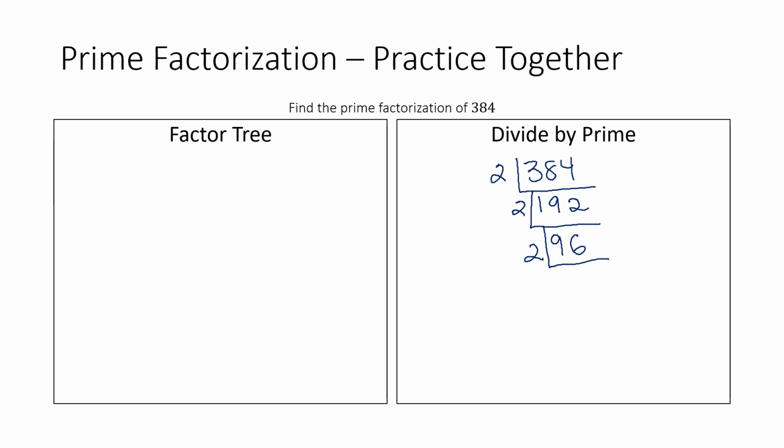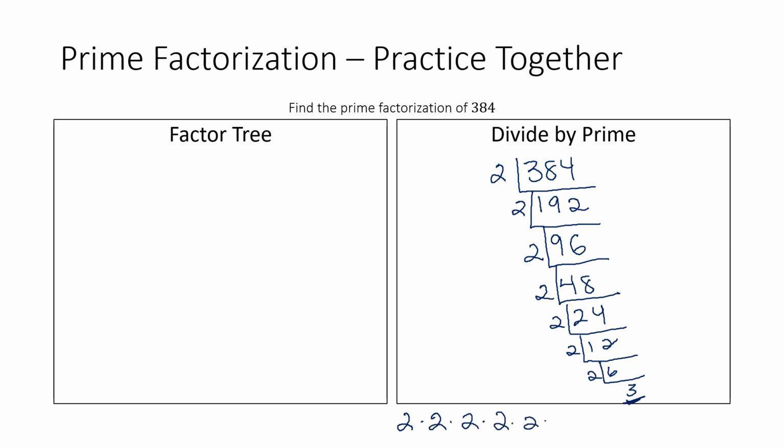I divide by 2. 2 into 96 is 48. That's more like it. 2 goes into here, 24. 2 to 12. 2 to 6. 2 to 3. So I get to a prime number at the bottom. So I have 1, 2, 3, 4, 5, 6, 7 2s. So here my prime factorization is going to be 2 to the 7th times 3.